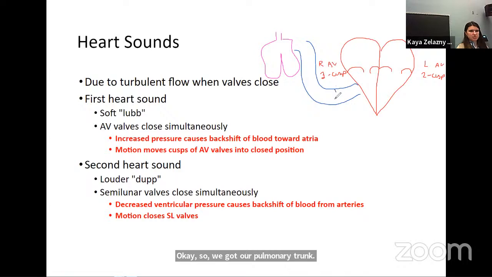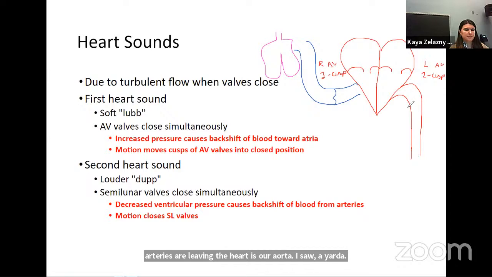I drew the pulmonary trunk as blue because this is our deoxygenated blood, but it is an artery. Then our other artery, because arteries are leaving the heart, is our aorta. Our aorta also has semilunar valves in it. Semilunar valve, aortic valve, right here as well.